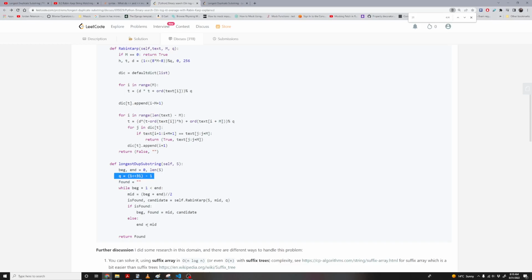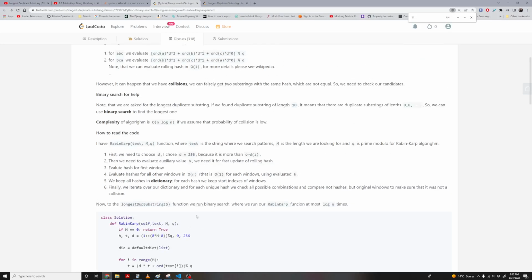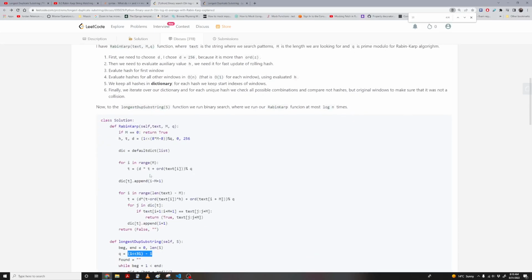Why do we want to have a prime number? Because when you have a prime number, the modes are going to be different, so we are going to get a better hash compared to when this is not a prime number. Here is the thing.